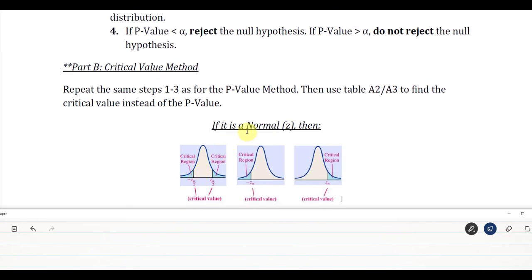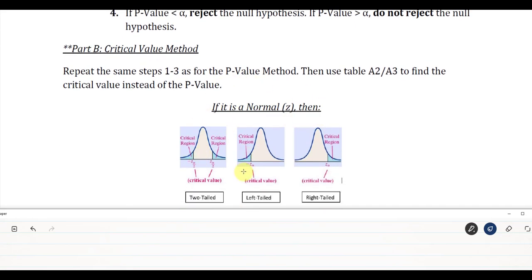Now, if it is a normal z, then we again have 3 cases: the two tail, the left tail, and the right tail. Z alpha and minus z alpha are for the left and the right tail, and then z alpha over 2 is for the two tails, because we have to split it up into 2 equal areas.